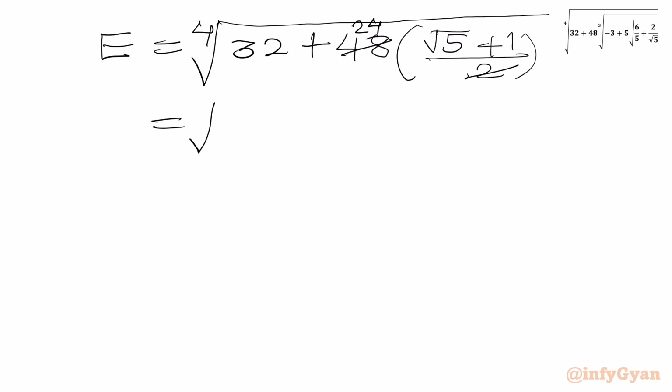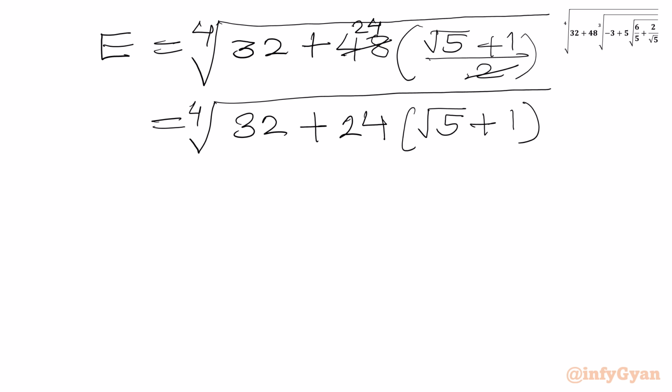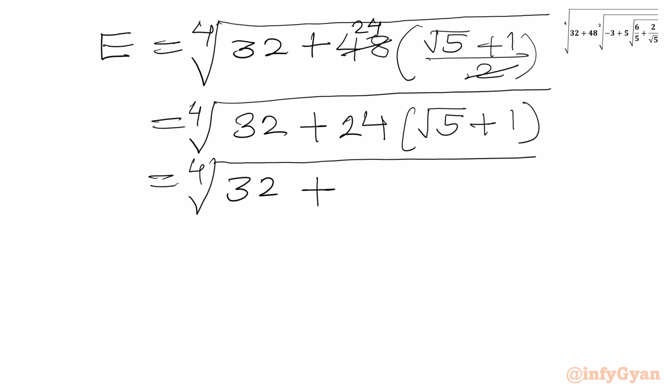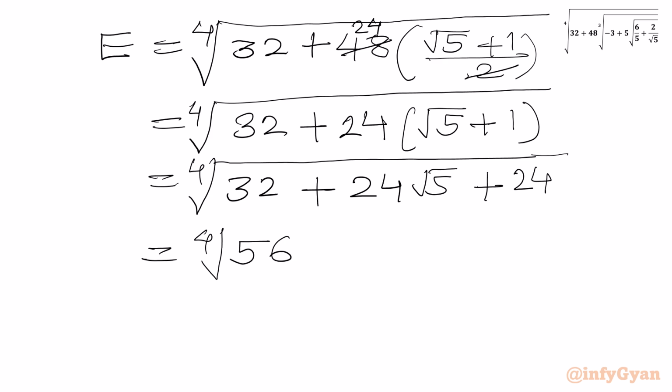We can write the fourth root of 32 plus 24 times square root 5 plus 1. Let's simplify. We will write the fourth root of 32 plus 24 square root 5 plus 24. So 32 plus 24 is 56. Then we will write 24 square root 5.